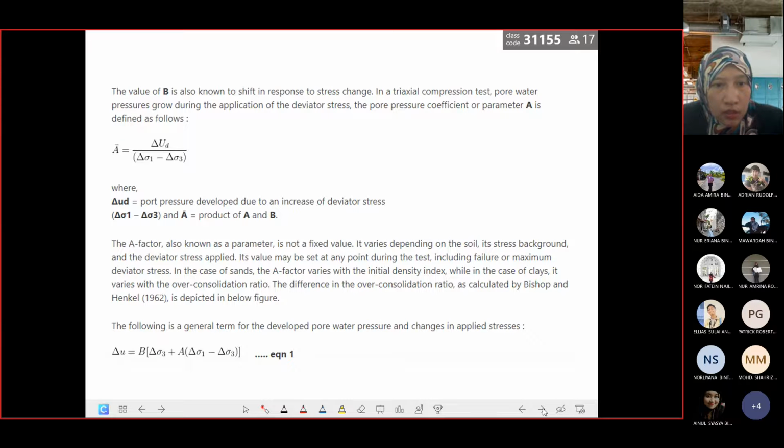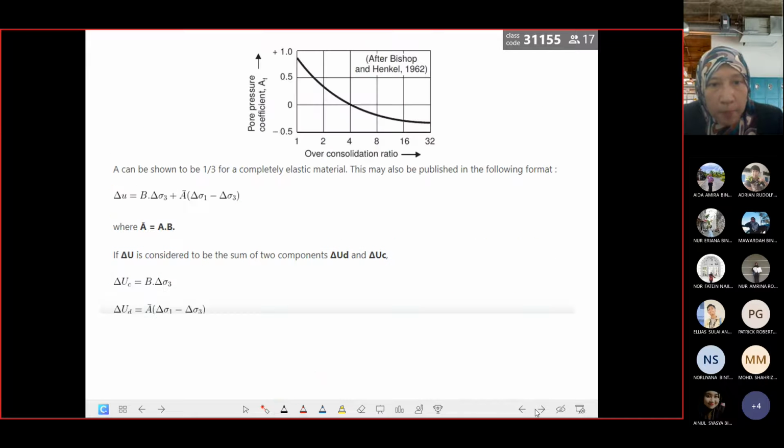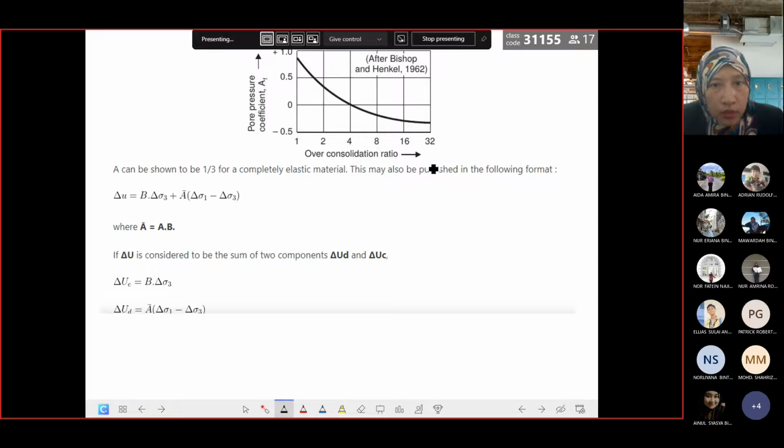So this one bila kita simplifykan balik antara B dan juga A, yang ni yang you akan dapat finally. Okay, this one same. Maknanya A pun dia ada kaitkan dengan pore water pressure. Kalau you want to see, A pun dia ada kait dengan consolidations. You nak tengok A untuk different consolidation ratio, you can check from here.